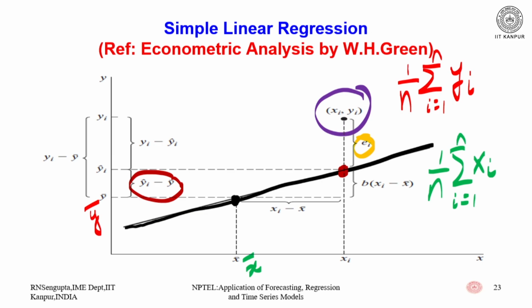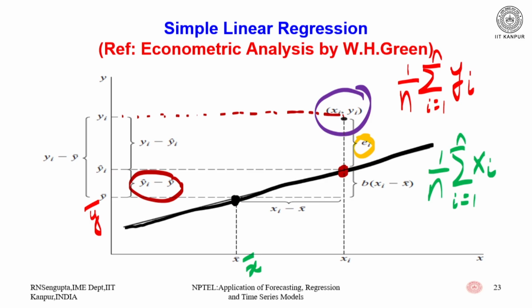And also corresponding to the value, you will have the actual y value, yi. You will have the difference between y hat i minus y bar, and another is the difference between the actual value and the forecasted value. This is what we denote by error.